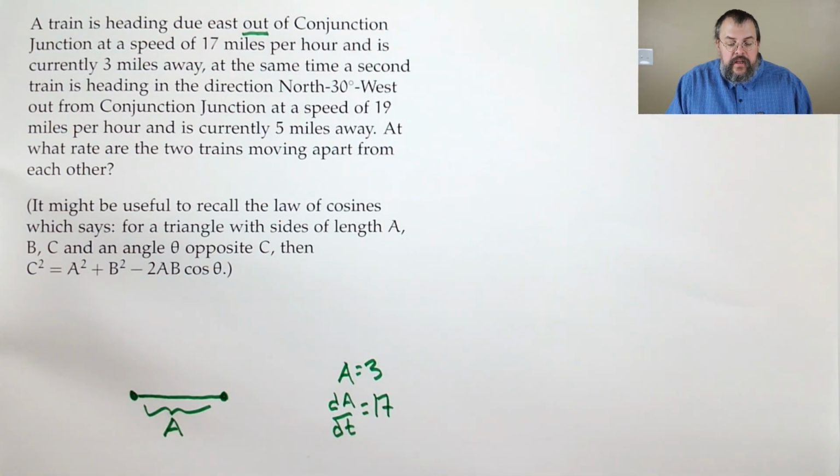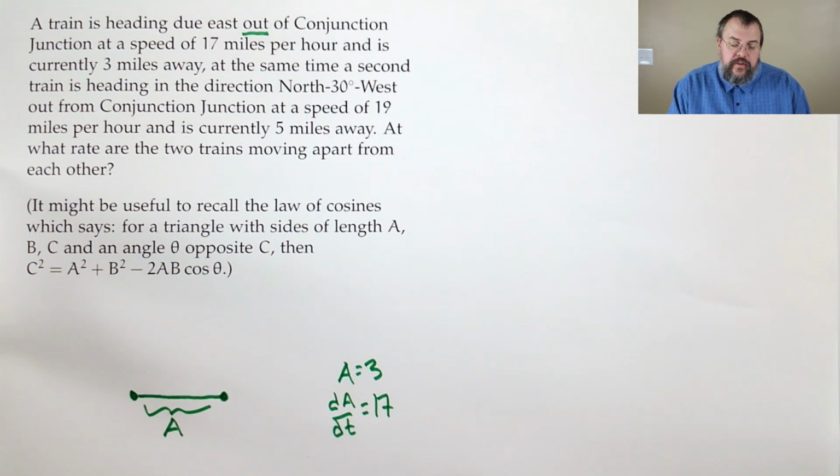Okay. Now, a second train is heading in the direction north, 30 degrees west. Let's figure out what that means. That's a bearing. How does that work?